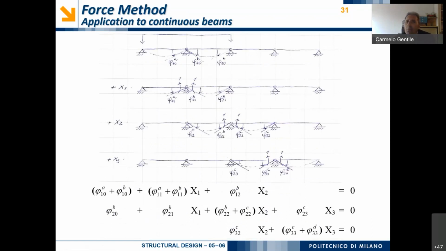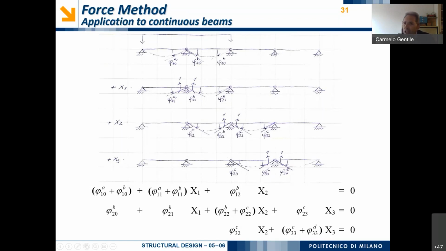Okay. Now we have to remember that corresponding to the three cross-sections, in this case called 1, 2, and 3, in the basic determinate structure we have a hinge, but in the real structure there is continuity corresponding to this intermediate support.